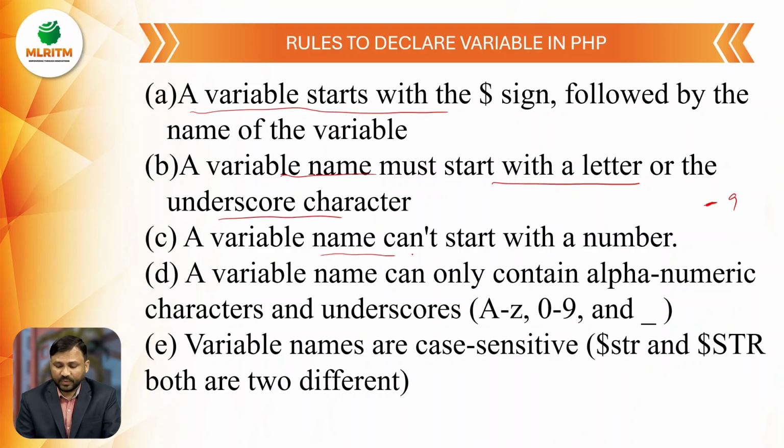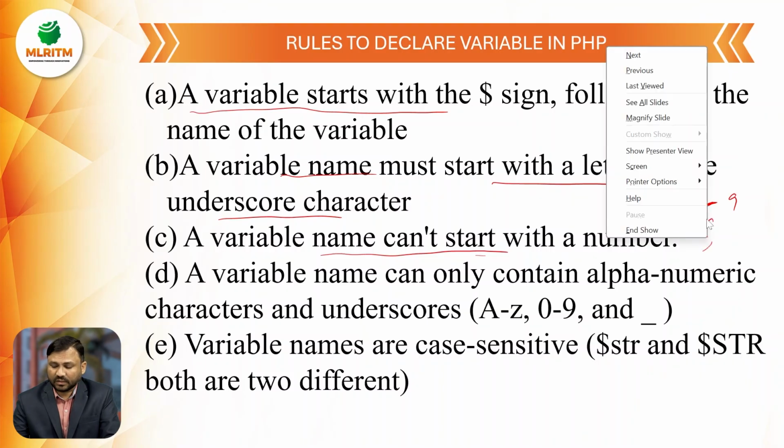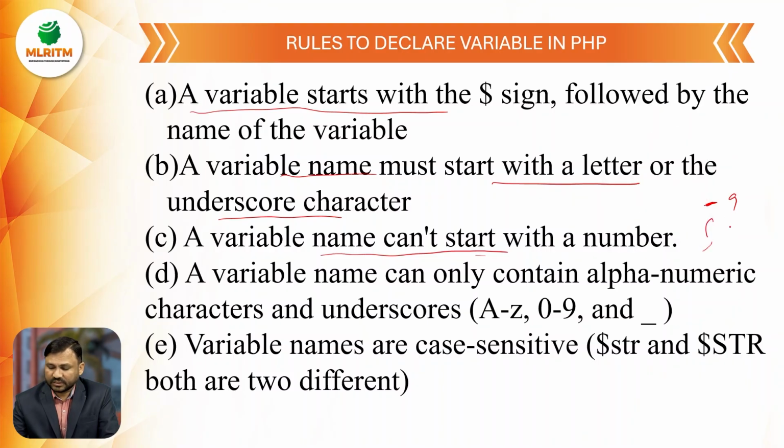Then, a variable name can't start with a number, so we cannot start a variable with a number like $9 or $5. We cannot write like this. That is another rule.